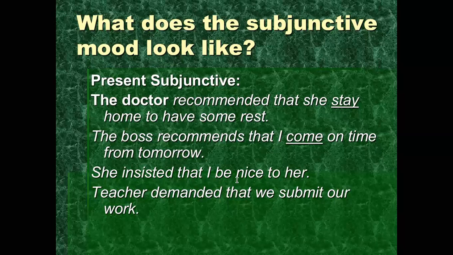So whenever your dependent clause in the subjunctive mood has an adjective, you must add be before it. This rule is not applied when we have a verb in the that clause. It is only applied when we have an adjective in the that clause.